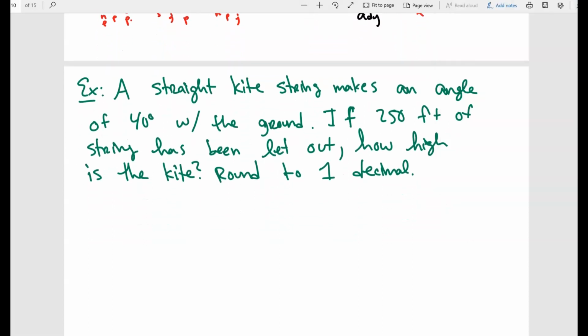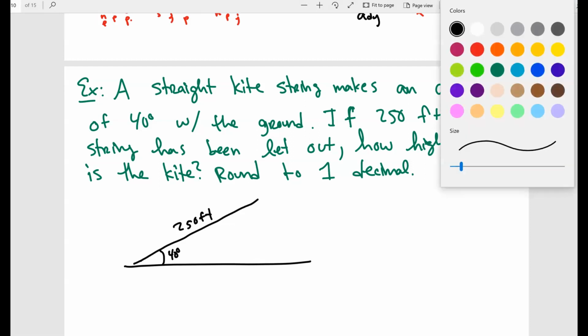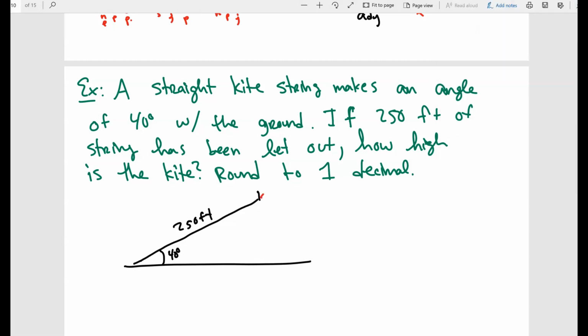Here's the ground, and we know that there's a total of 250 feet of string that have been let out for this kite. It's making an angle of 40 degrees. And here's maybe the kite. I can't draw, so I'm just going to write kite. You want to figure out how high this kite is. So what is this height?